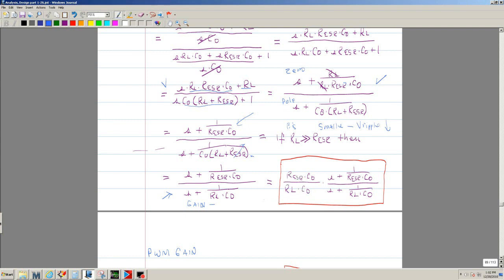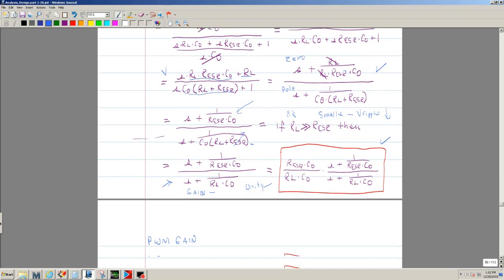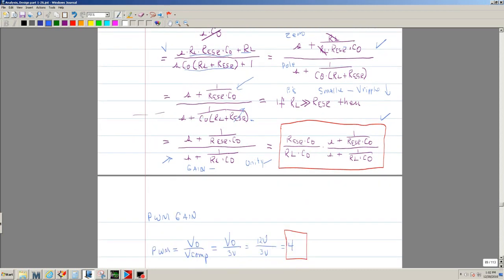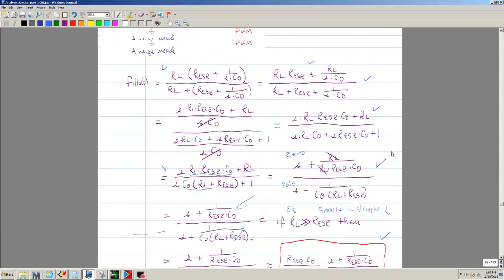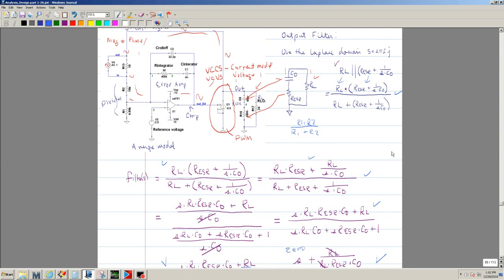So basically this will give me a unity gain. Okay, so this is the equation that we're going to be using. Okay, so we're that far. Okay, so now we have the transfer function of this impedance.